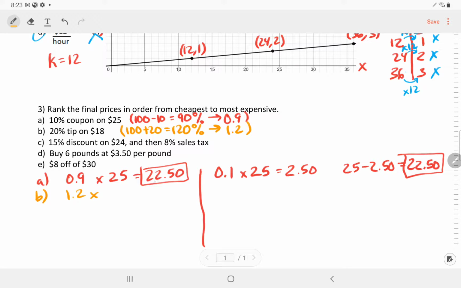And we get $21.60. Another way to do that is to take 0.2 multiplied by 18, and we get $3.60. We take the $18, and because it's a tip, we add on $3.60, and we also get $21.60.